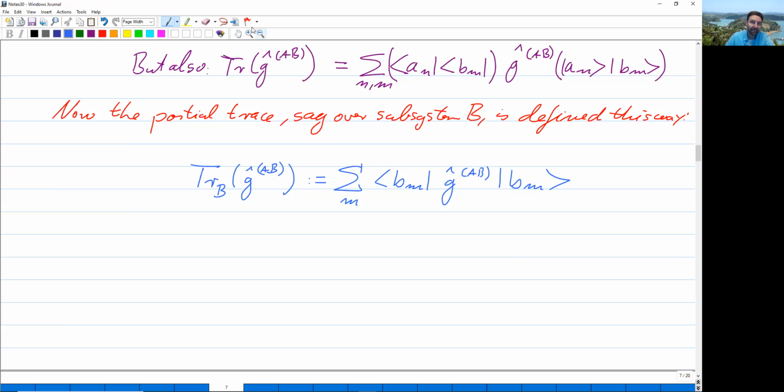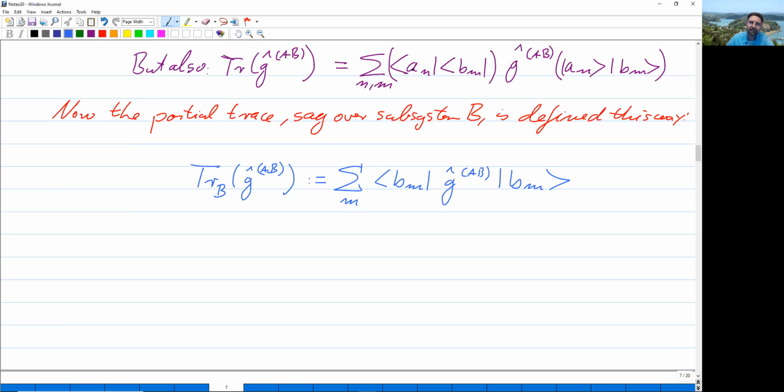Now, the trace of an operator is always a number. In fact, a basis-independent number. But the partial trace of an operator, where we trace only over one of the subsystems' bases, doesn't give us a number. This thing is not a number. It is still an operator. This is an operator that acts on the Hilbert space of system A, because we have not contracted here.